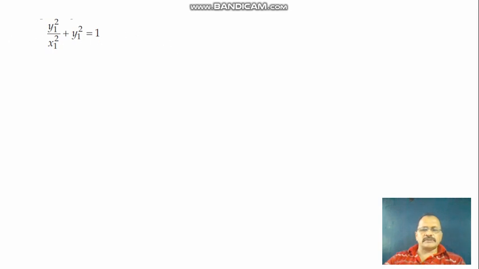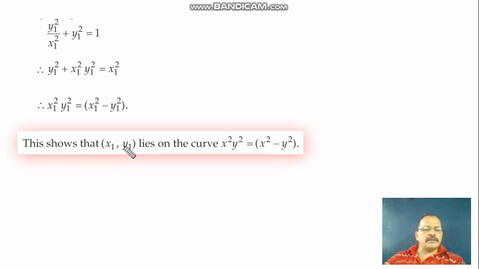Multiply both sides by x1 square, we get y1 square plus x1 square y1 square is equal to x1 square. Now take this y1 square on the right hand side, therefore we get x1 square y1 square is equal to x1 square minus y1 square, and therefore the point x1 y1 satisfies the equation x square y square equal to x square minus y square. It is clear that this point x1 y1 lies on the curve x square y square equal to x square minus y square.